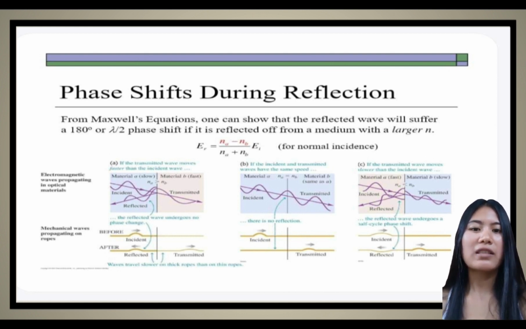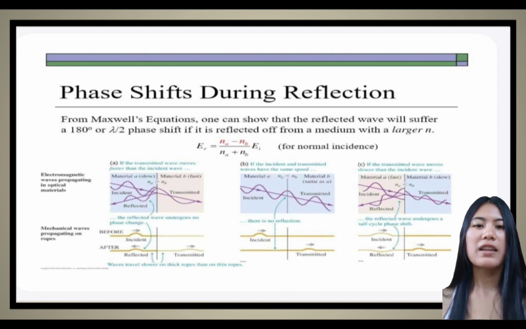If the reflecting medium is denser, meaning it has a higher refractive index, there is typically a phase shift of 180 degrees, or half a wavelength. This phase shift is important in understanding interference phenomena such as those observed in thin film interference or when waves interact with multiple surfaces.